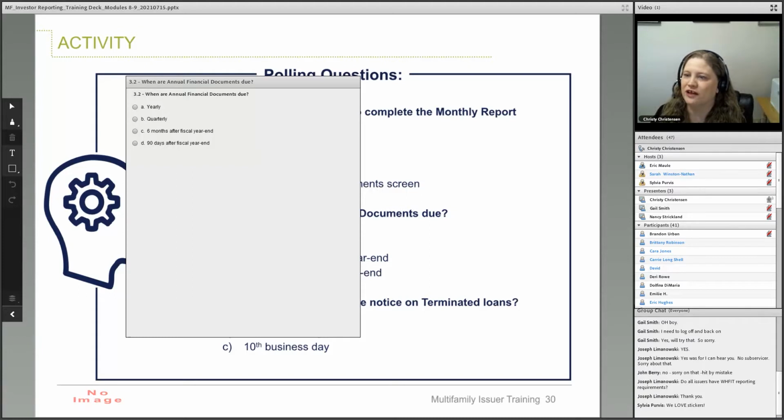So when are the annual financial documents due? Is this what Nancy spoke about just a few moments ago? So which of these would be the best answer? I will give that just a few more seconds.